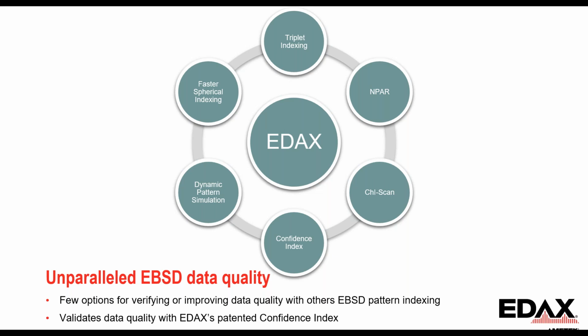We have NPAR, which improves the signal to noise through local spatial averaging. We have Chi-scan, which is the integrated EDS EBSD I just showed. We have our confidence index value that says how reliable each measurement we make is. And then we have our dynamic pattern simulation tools and our faster spherical indexing. And we'll talk to those in just a couple of minutes.